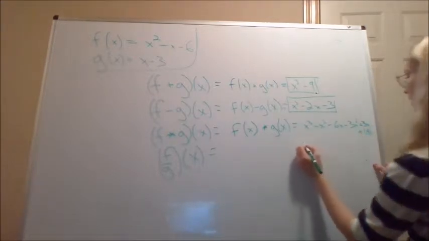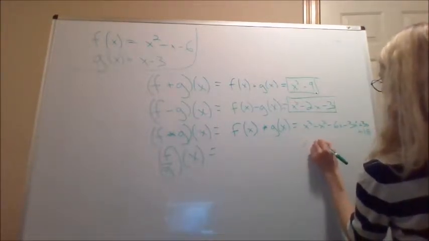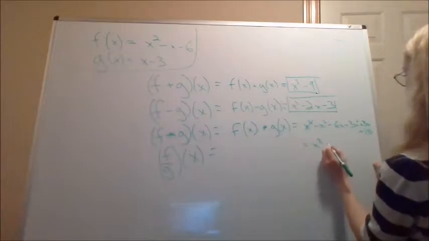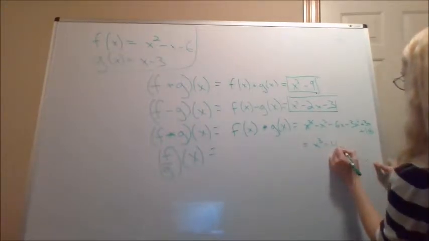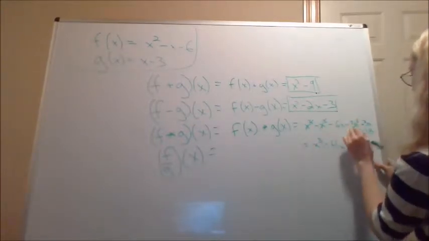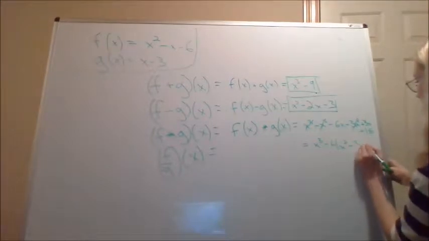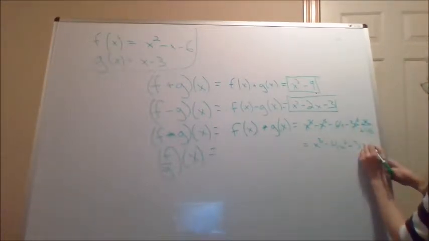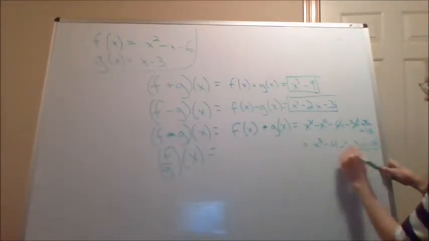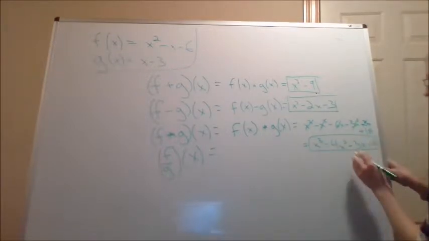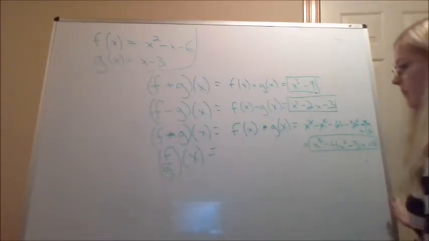So if we simplify this, x to the third power minus 4x squared minus 3x plus 18. So that's our answer for f times g of x.